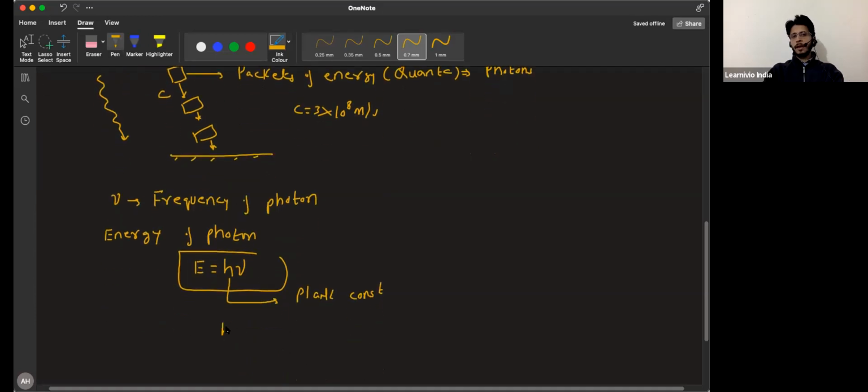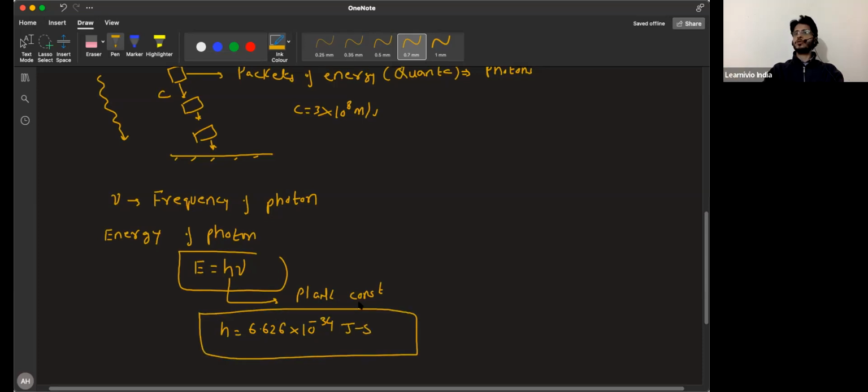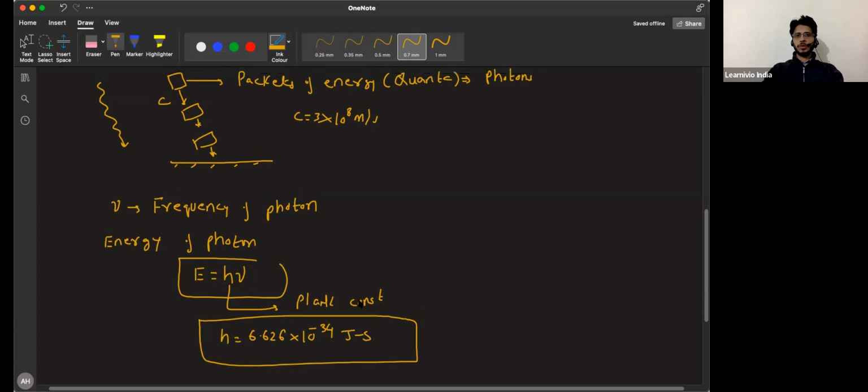And the value of Planck constant is 6.626 into 10 raised to the power minus 34 joule seconds. That's the Planck constant.